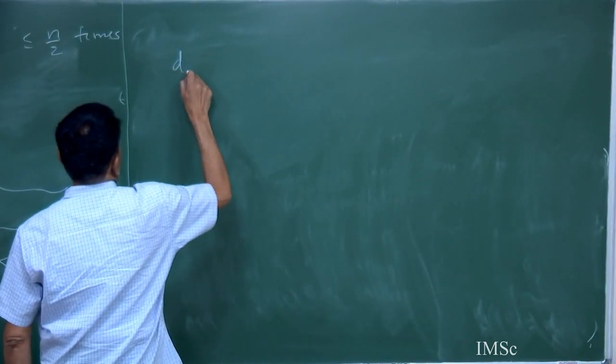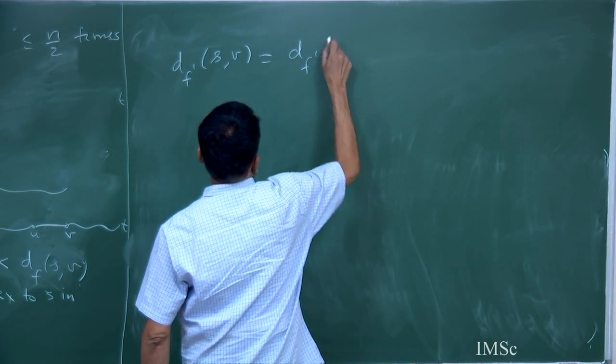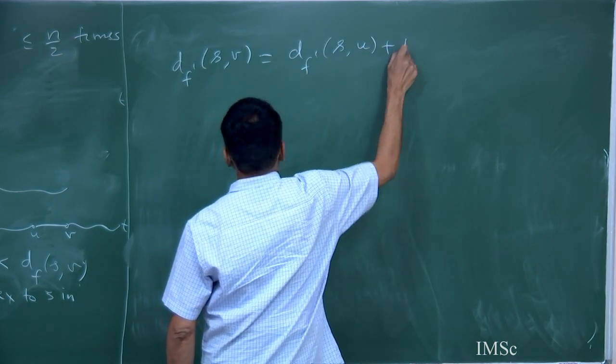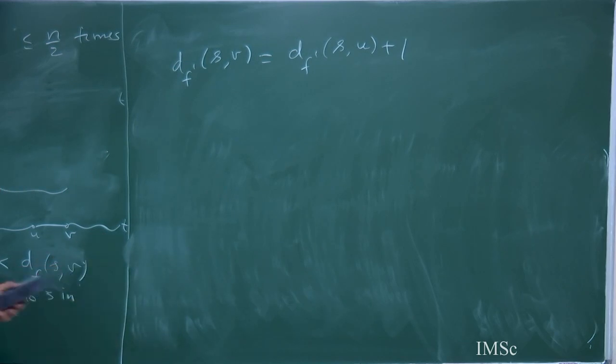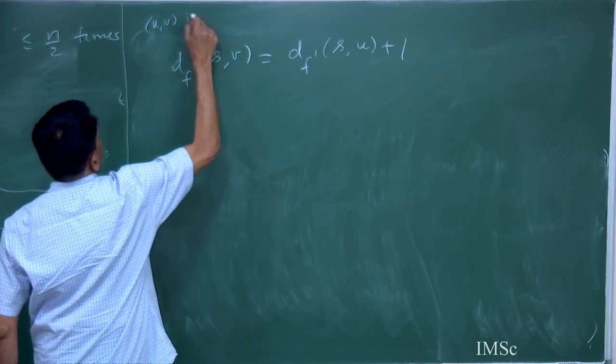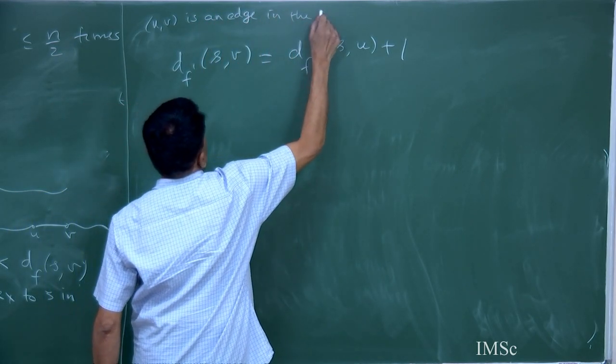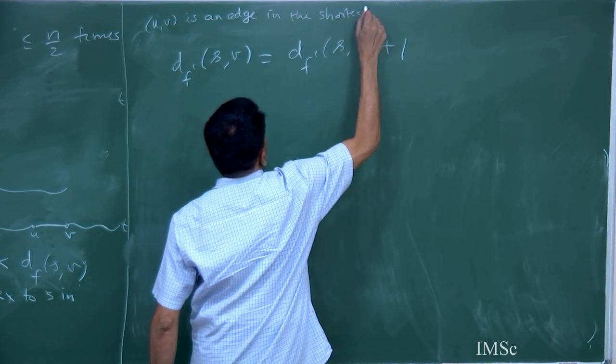But df prime SV is equal to df prime SU plus 1, because suppose this is the shortest path and UV is the edge. Yeah, UV is an edge in the shortest path. You could even take U to be S for all you care.